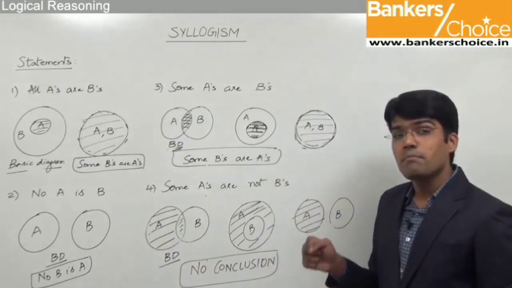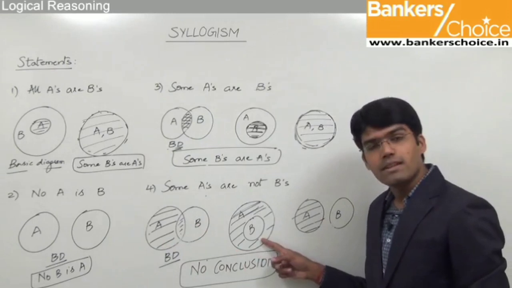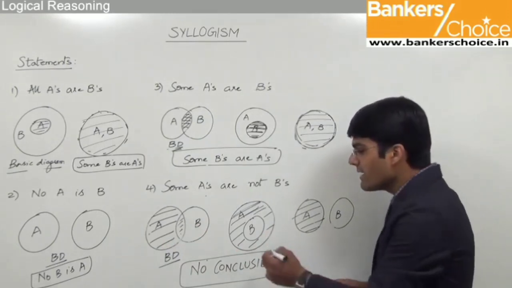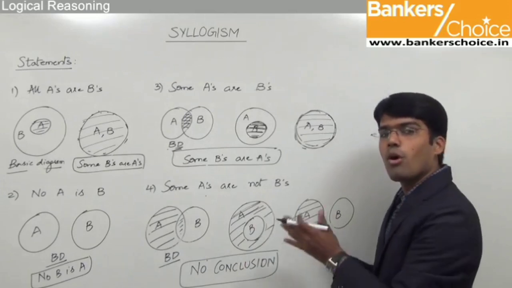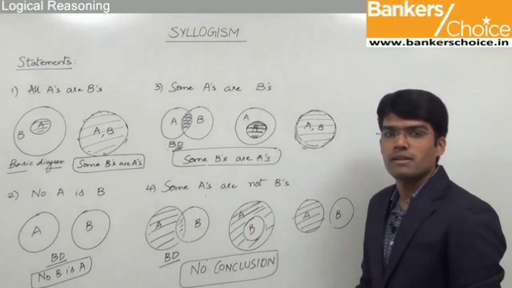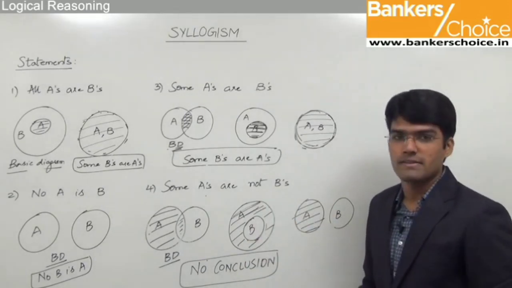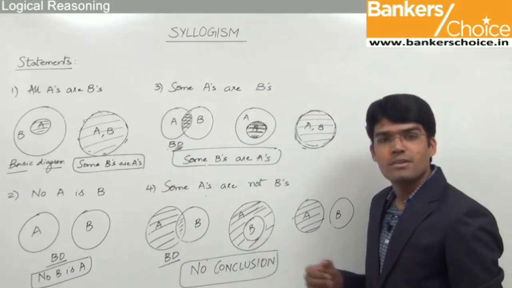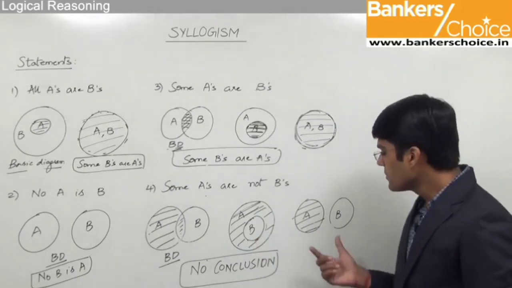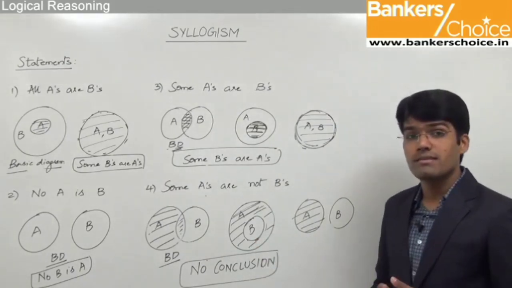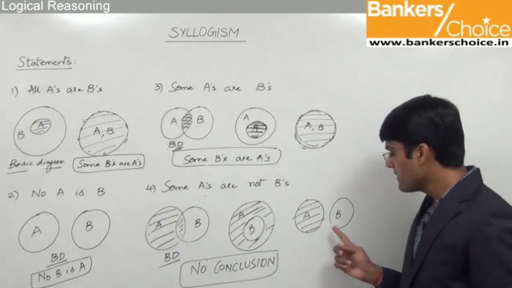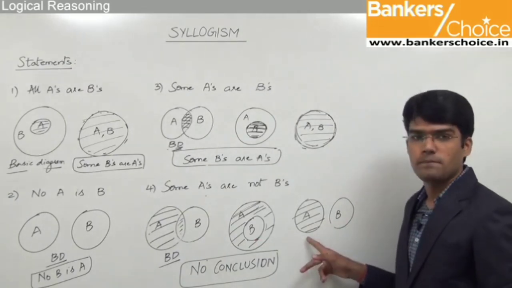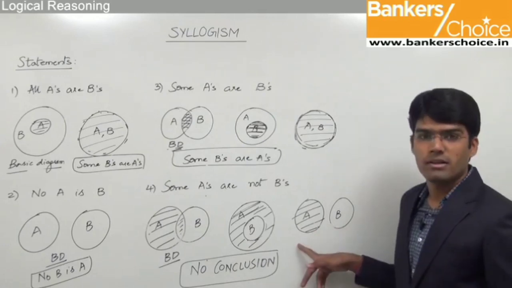The conclusion some B's are not A's fails for the second diagram, because here we find that all the B's are inside A's. That means all B's are A's, and our assumed conclusion is some B's are not A's. So conclusion fails for the second diagram. If we move to the third diagram, the conclusion was some B's are not A's, and it satisfies the third one. Here we find that no B is A, or all the B's are not A's.